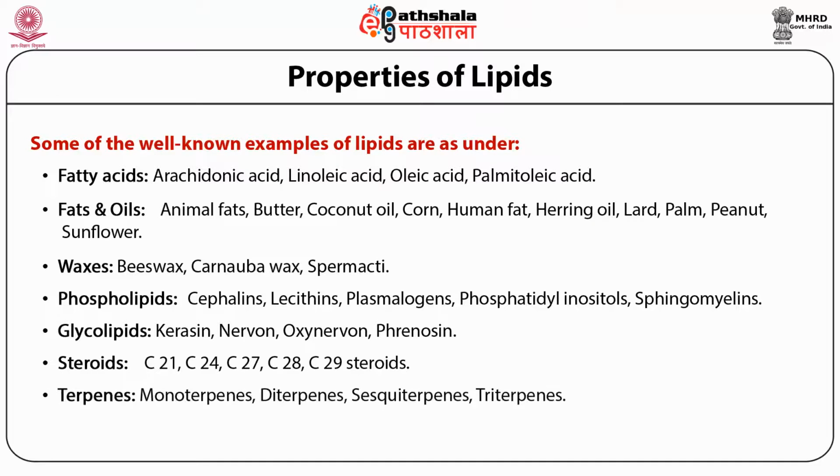The terpenes include the monoterpenes, consisting of isoprene units, the diterpenes, the sesquiterpenes, and the triterpenes. And the last, carotenoids. It includes carotenes, lycopenes, and xanthophylls.